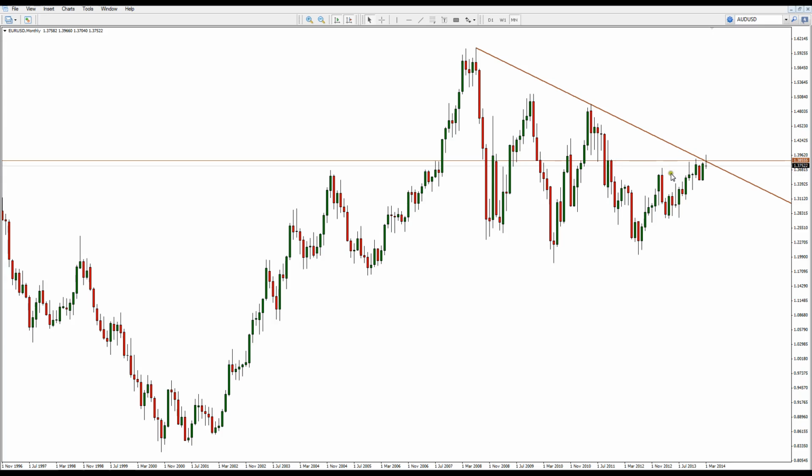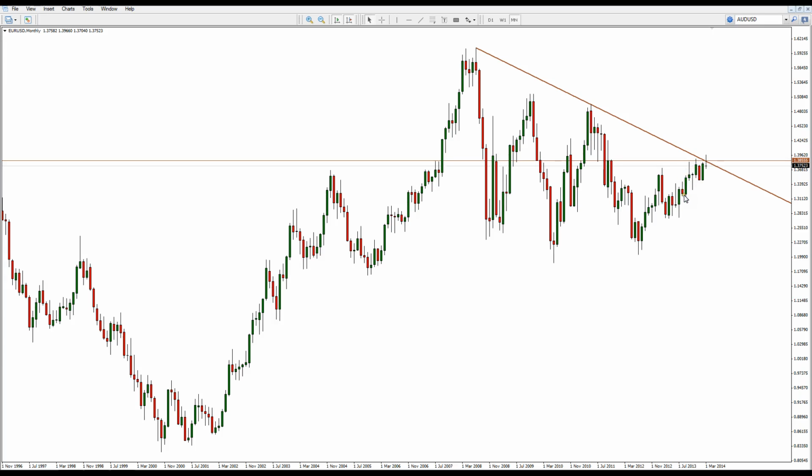Now we are seeing a range market with a very strong information. In fact, we have two pieces of information. The first one is the double top. We have the bearish pin bar and the bullish pin bar.